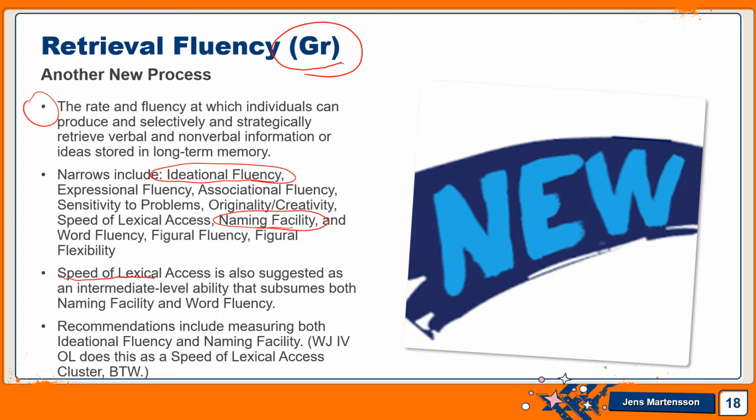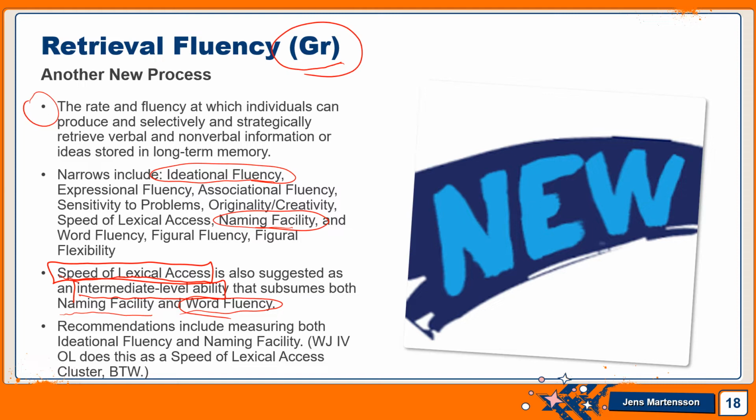There is a speed of lexical access, which you've probably heard of before, but that's really considered an intermediate level ability, so it's not a broad ability, it's not a narrow, it's kind of in between, so it's not a star, it's not a planet, it's more like a moon or whatever. So that encompasses naming facility and word fluency.